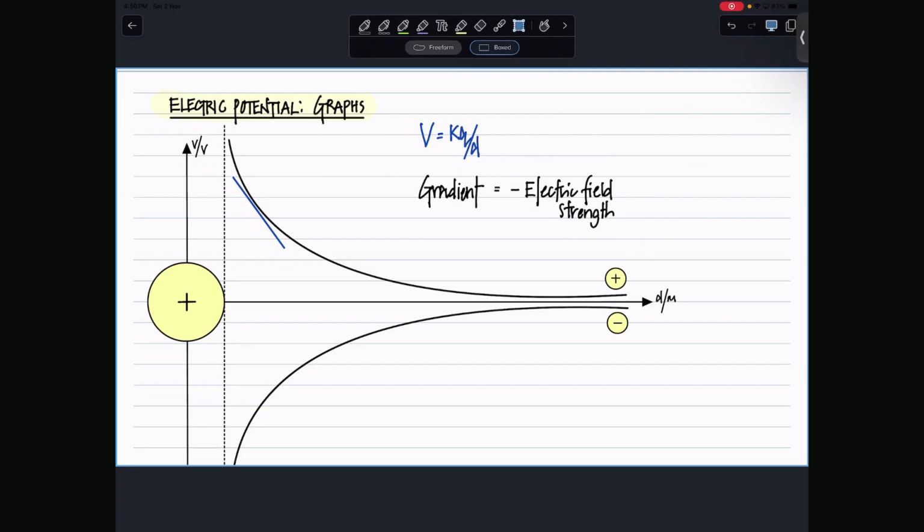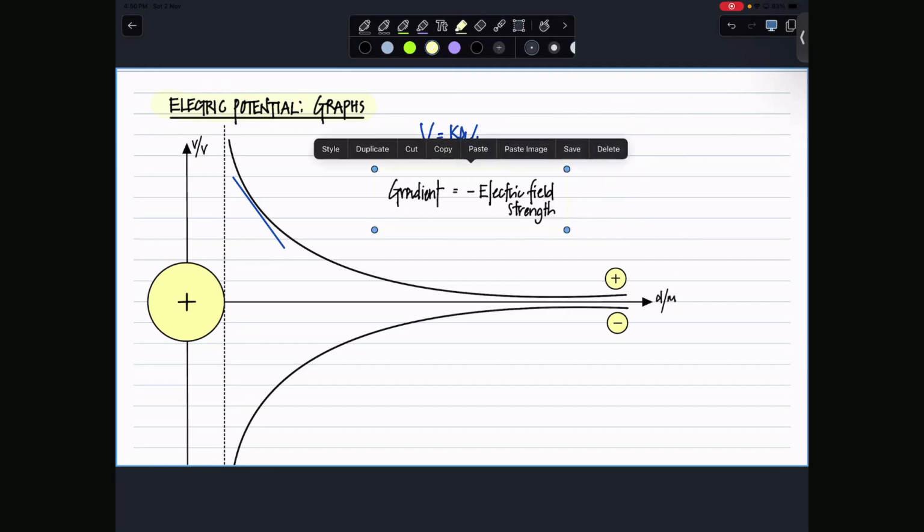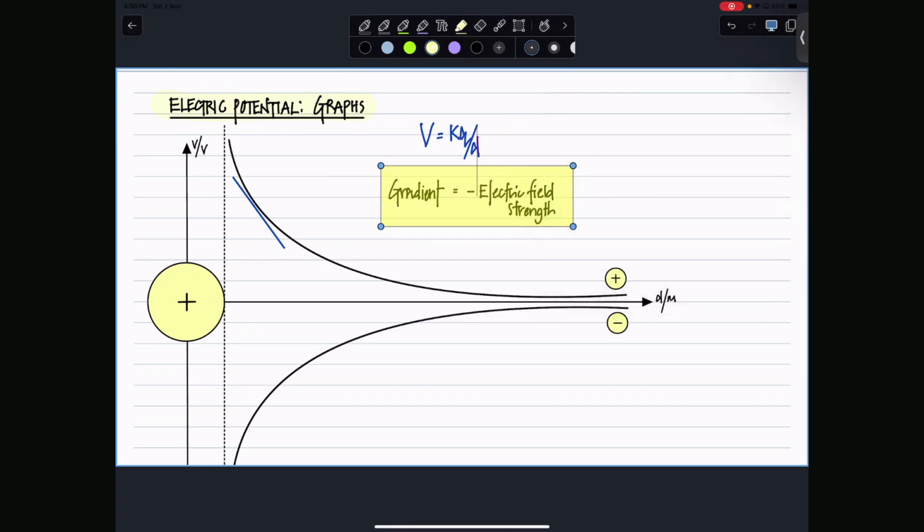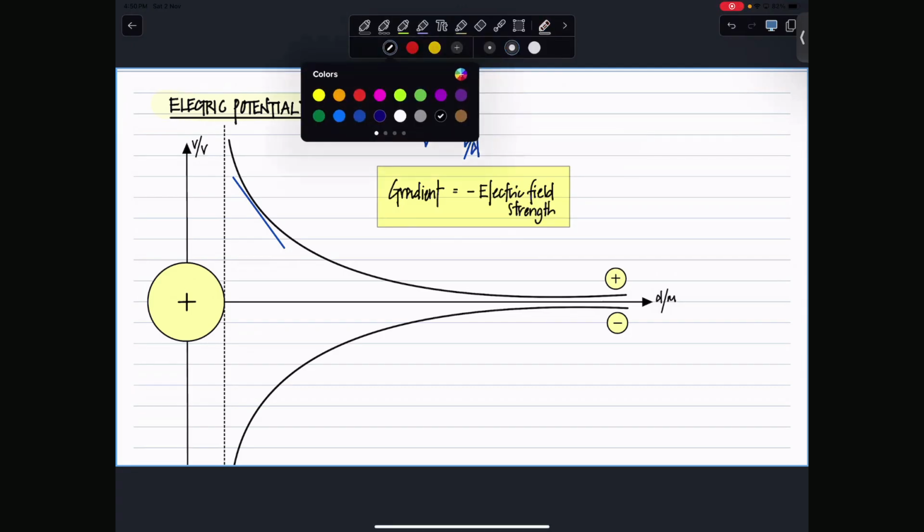Okay, so negative cannot because if you look at the value is fine, but there's a small discrepancy here. What is it? It's opposite sign. So how do you correct it? By putting the right sign. Okay. So yeah, this is the gradient of the graph. So you'll find that the gradient of these graphs provide you electric field strength. And that is going to be a very useful tool for what we're going to do next, okay?